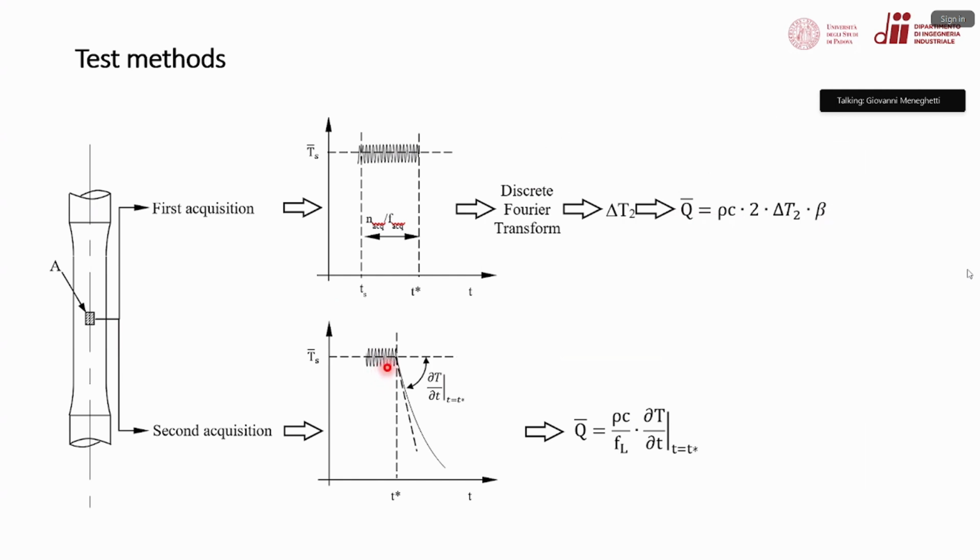The second type of acquisition was a sudden test stop just at the end of this steady state stabilized thermal acquisition, when we acquired the cooling gradient, again to estimate the intrinsic dissipation according to the second strategy.